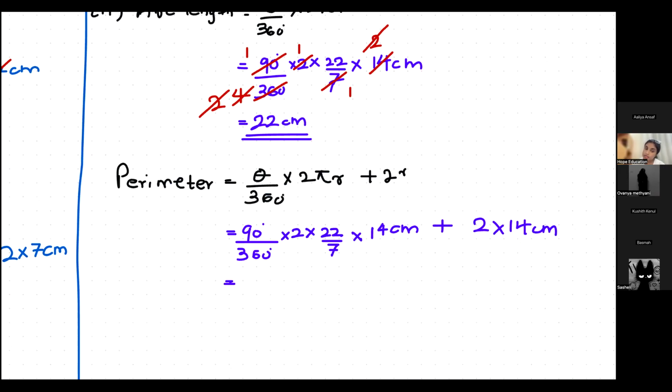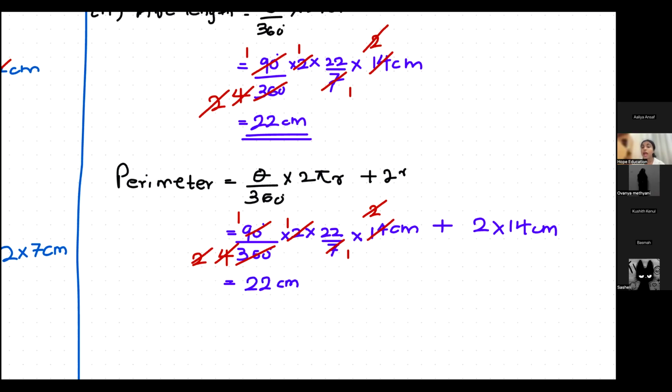90 times 1 is 90. 90 times 4 is 360. 2 times 1 is 2. 2 times 2 is 4. 7 times 1 is 7. 7 times 2 is 14. 2 දෙකයි cancel වෙනවා. Then මෙතන 22 centimeters ඉතුරුයි.